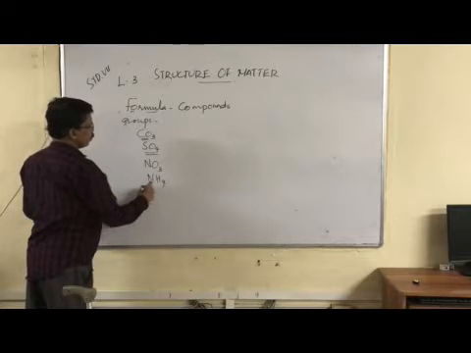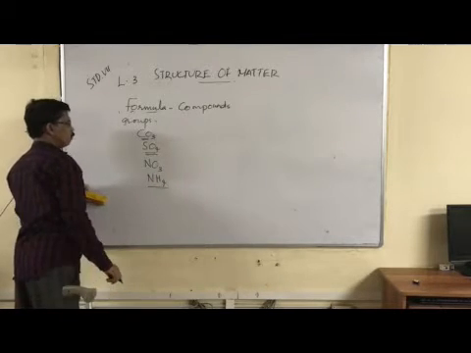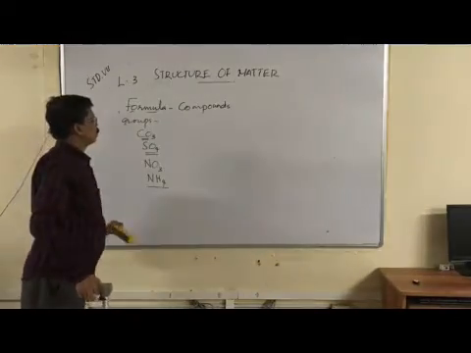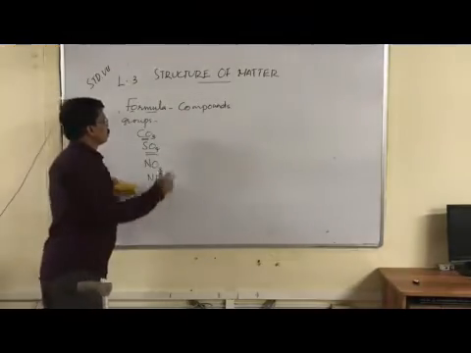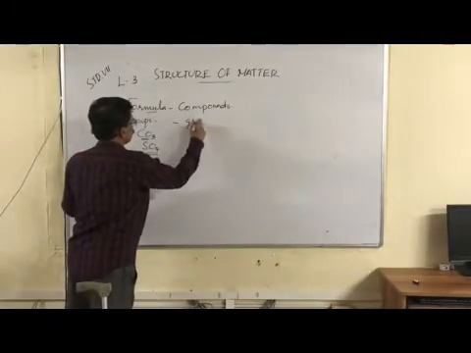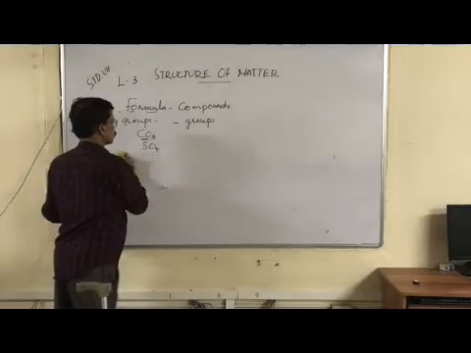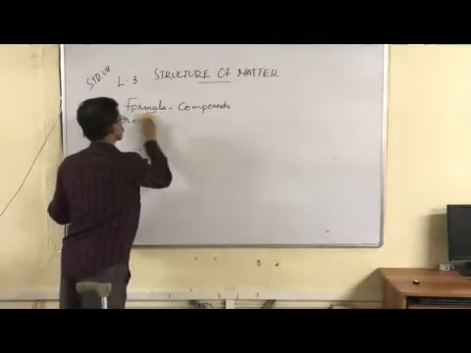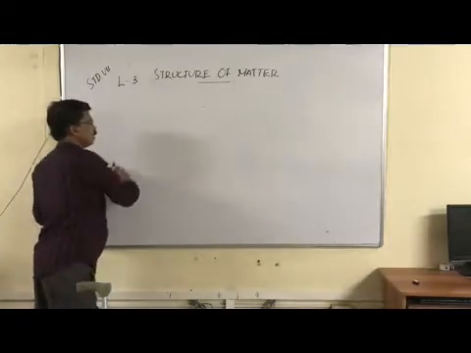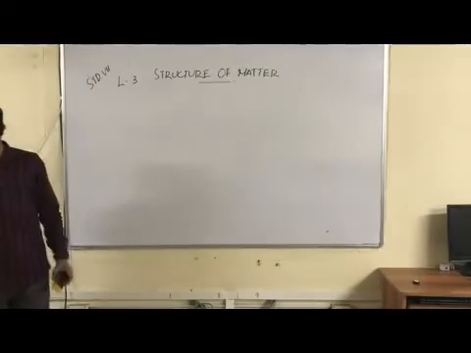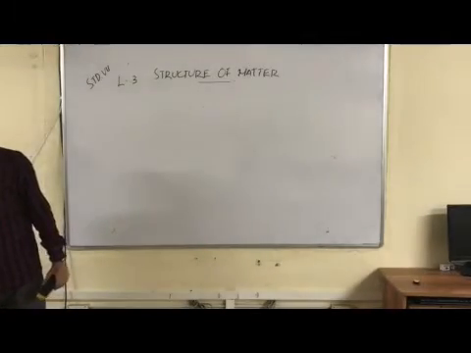NH4 is a group. Ammonium is a group. So a formula can be given to compounds as well as groups.